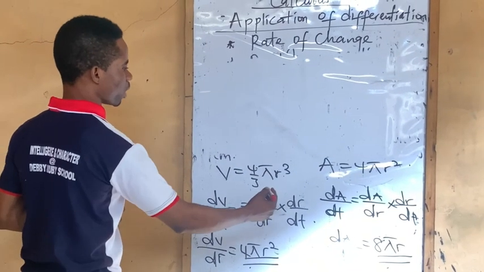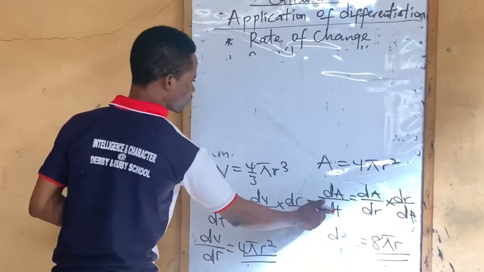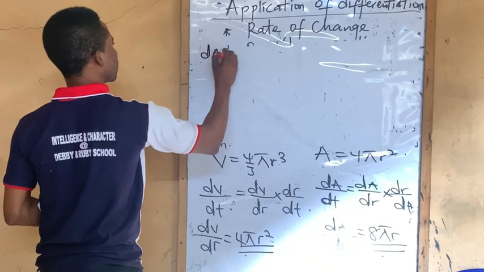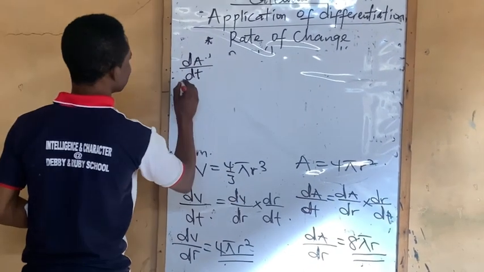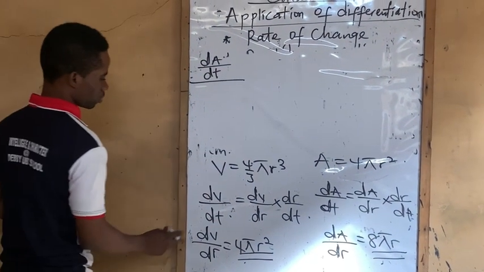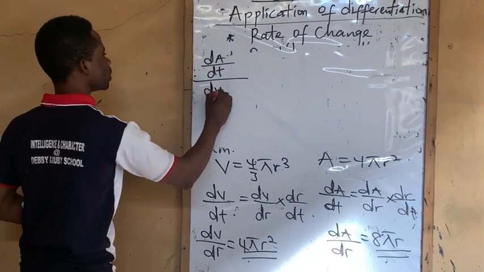Now, if I divide my area by the volume, that means I'll say dA/dt, which is my area, divided by my volume, dV/dt.